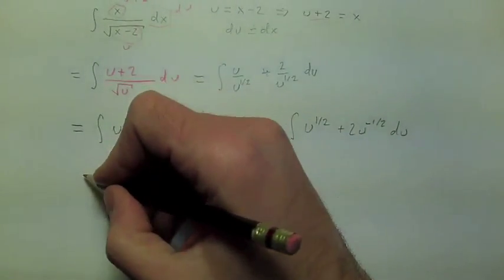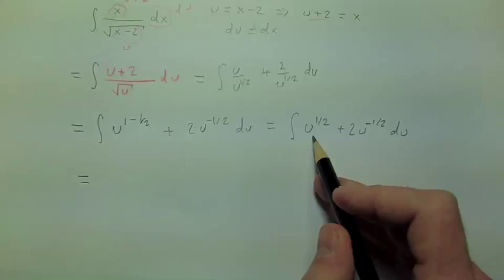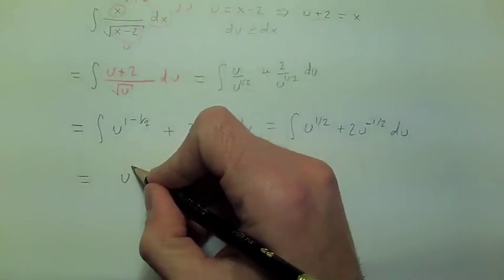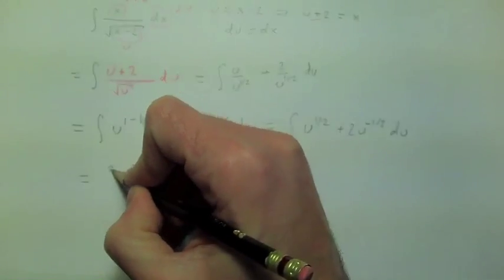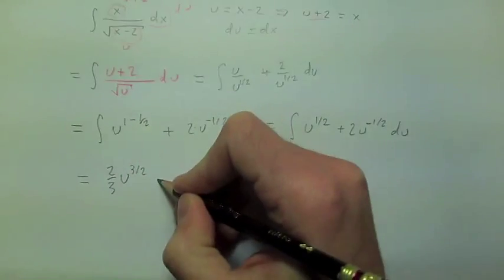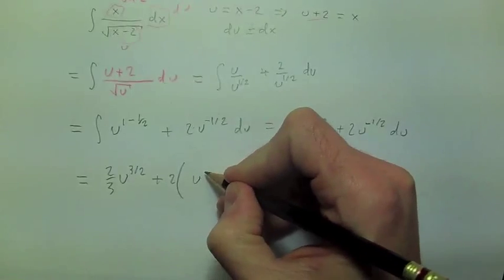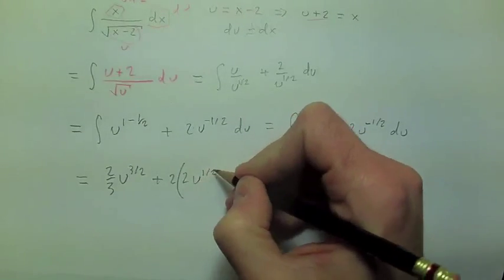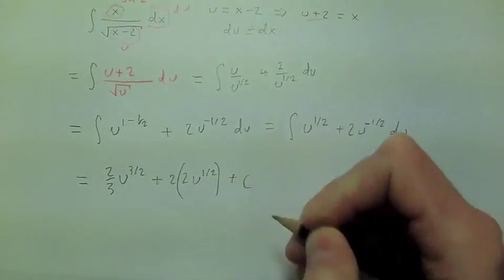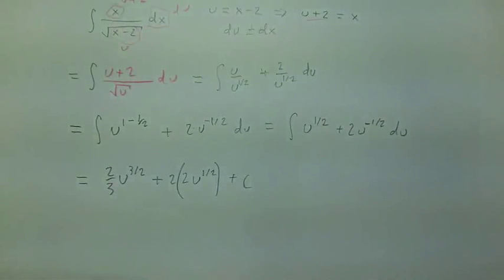And this we know how to deal with, right? This is u to the 3/2 when we integrate times 2/3, plus 2 times, this will be u to the 1/2 times 2. And we're finished. Now we just put our x's back in.